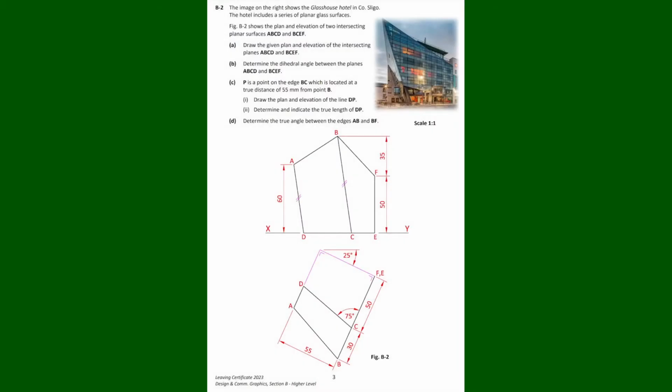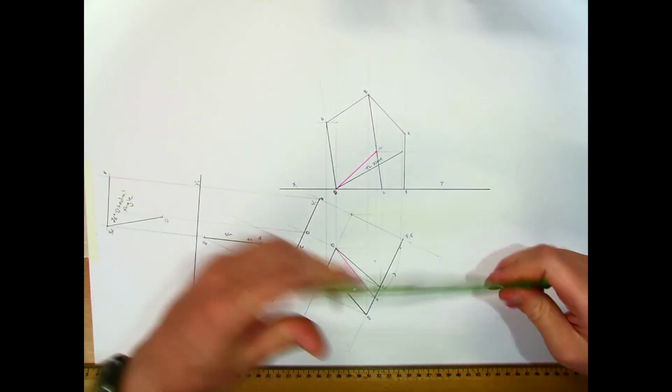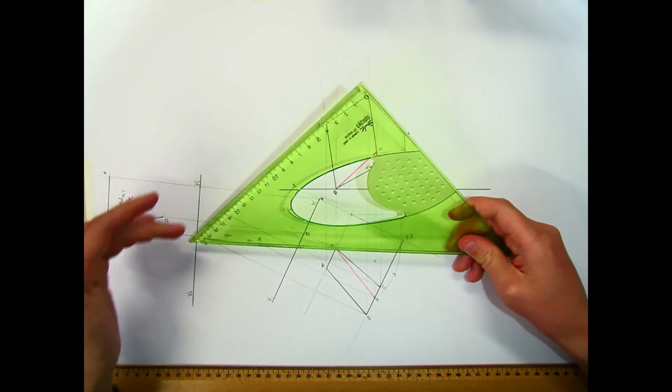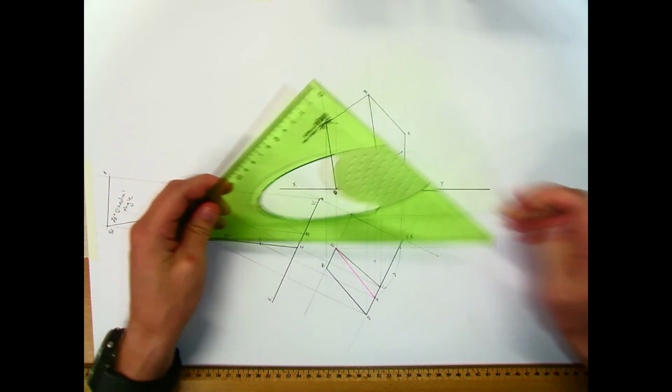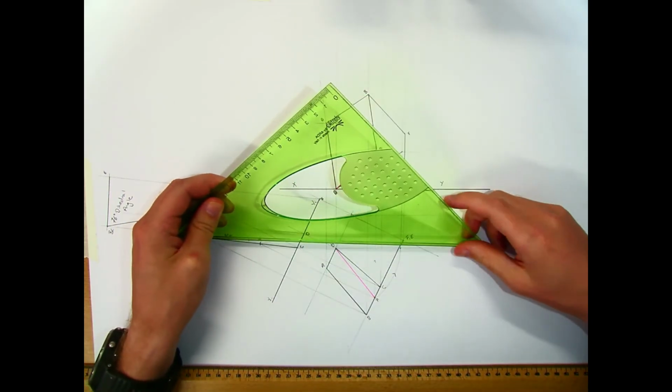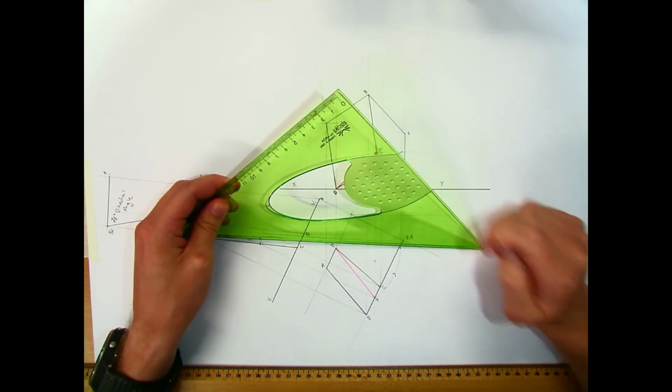So the final part of this question, part D, is determine the true angle between the edges AB and BF. This part sounds more complicated than it actually is. If we look at our piece, with just a set square here, this is the line AB, this is the line BF. I'm trying to find the true angle up here between these two.